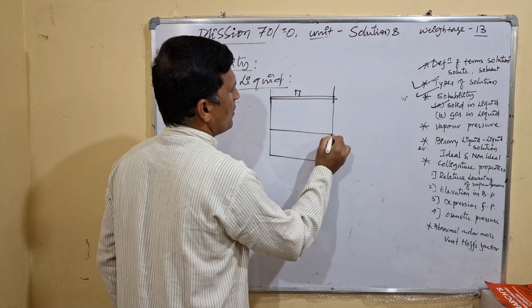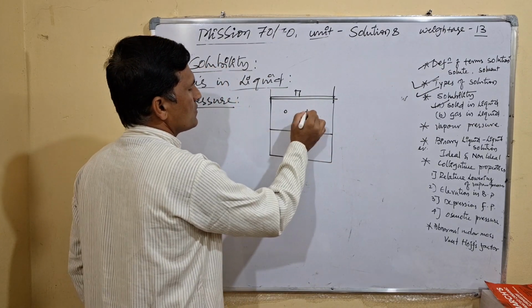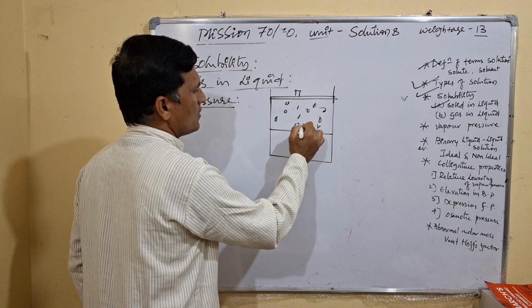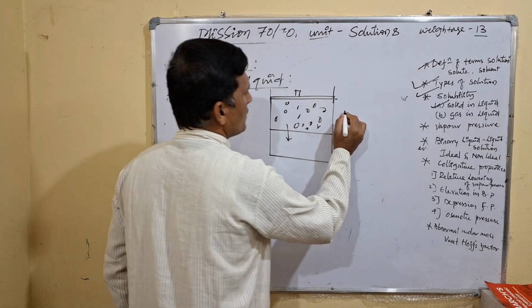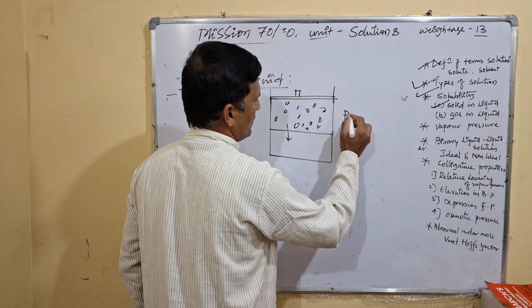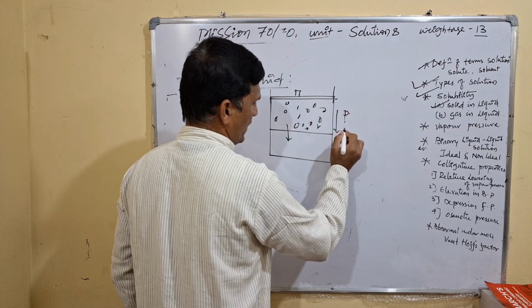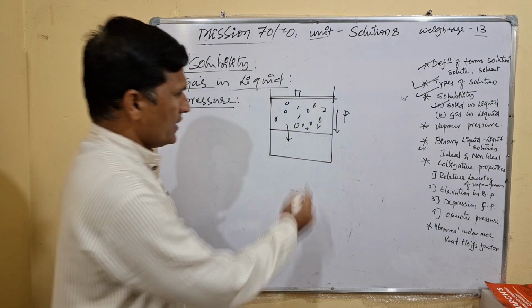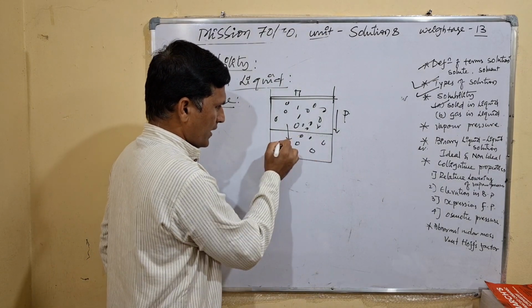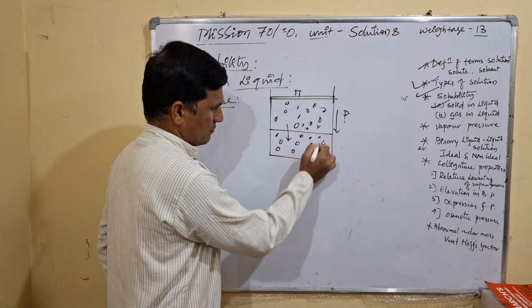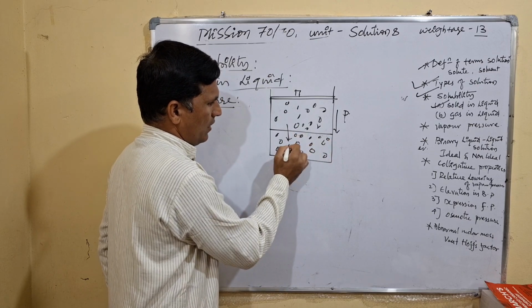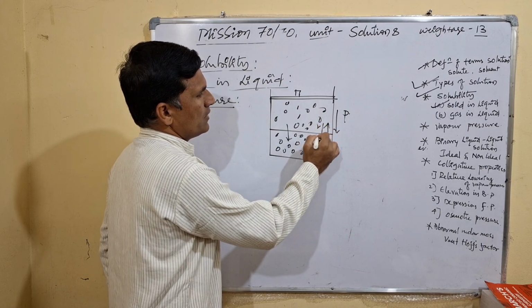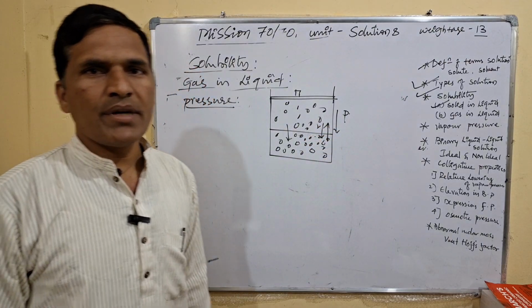The solubility of the gas in a given solution increases with rise in pressure. If you raise the pressure, if you compress the gas over the surface of the liquid, then what happens? Its solubility, or getting the gas into the liquid phase, also increases. And you should remember this solubility is going to attain an equilibrium.